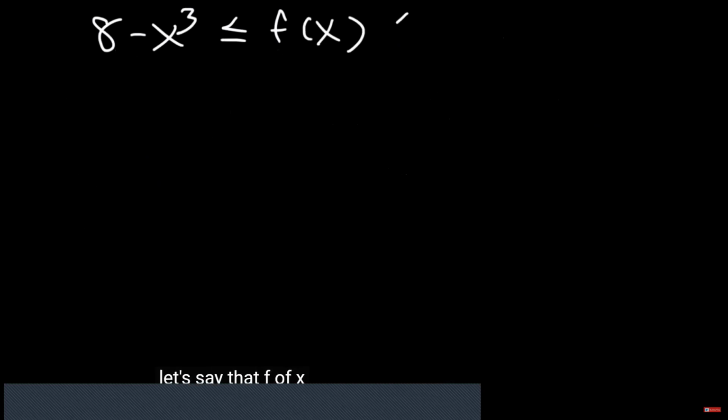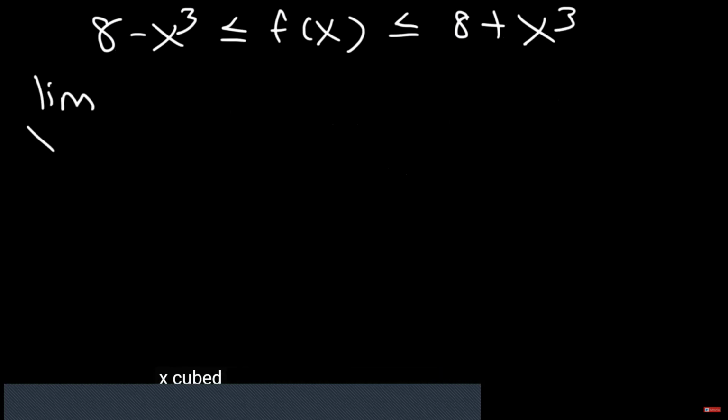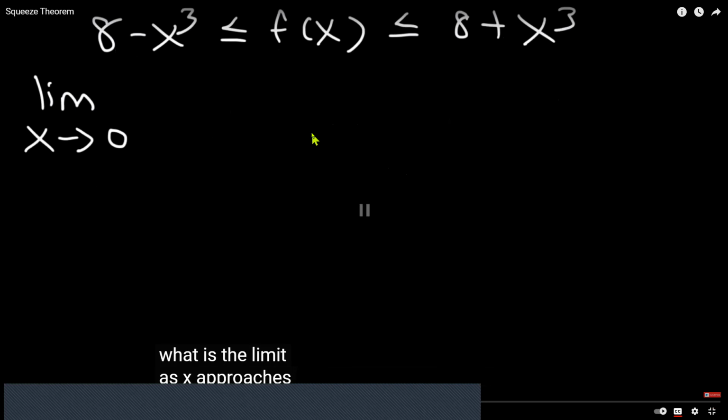But let's work on some examples to apply it. He's going to give you an example. So for example, let's say that f of x is in between 8 minus x cubed and 8 plus x cubed. What is the limit as x approaches? Now, this is a concept. This is not a proof, okay? He's given you this example right now.